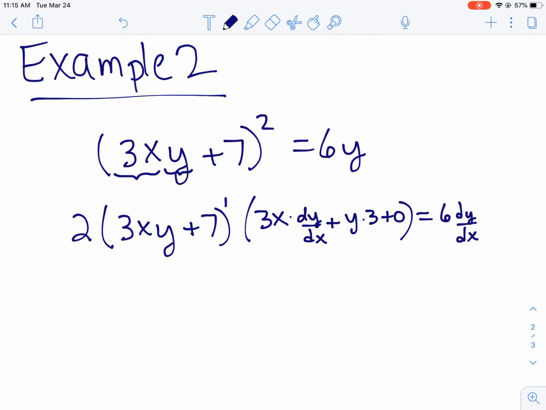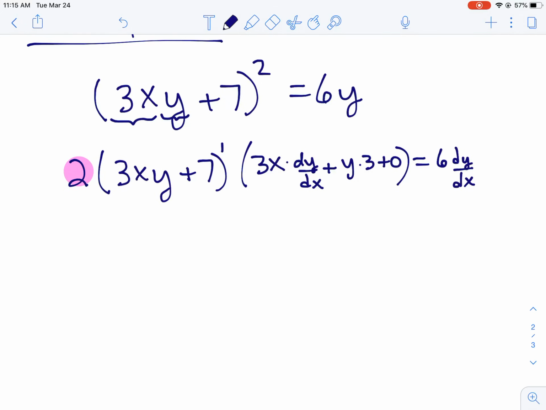Okay, so now the first thing I notice is I got this 2 hanging out in front and it's being multiplied. So I'm going to divide both sides by 2 to get rid of some of the numbers. So I'm going to divide this by 2, so this then is going to become a 3. Now I'm going to do some multiplying because I got dy dx hiding inside this parenthesis.